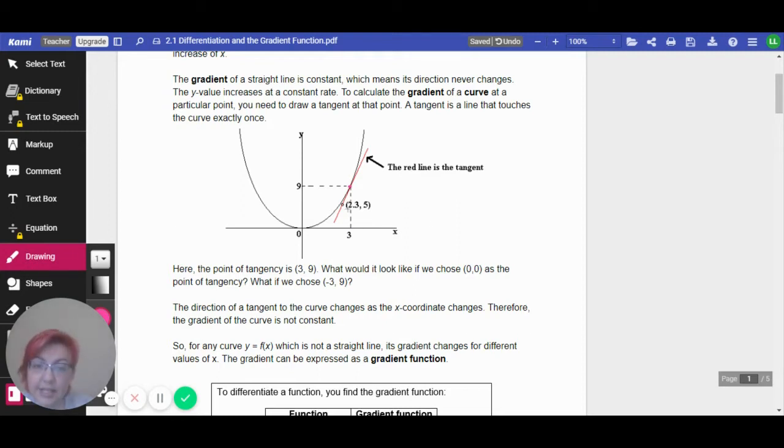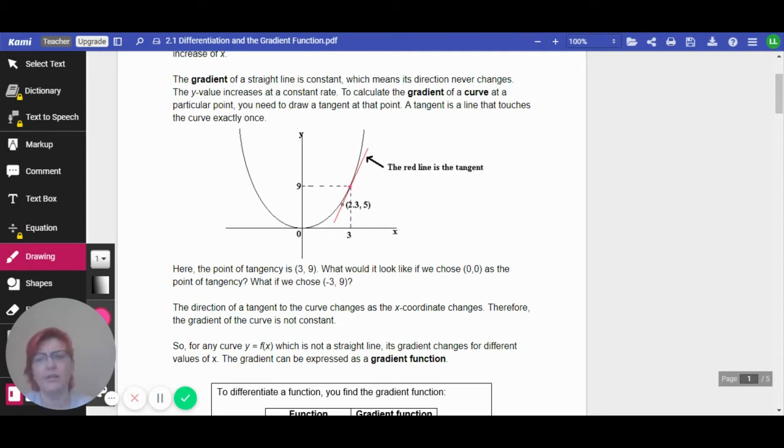And you can see here that (2, 35) is another point on that line. So we could use those 2 points to find the gradient of the line, which would give us the gradient of the curve right at that point.